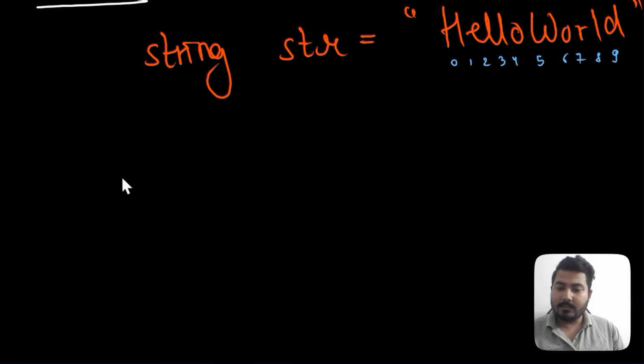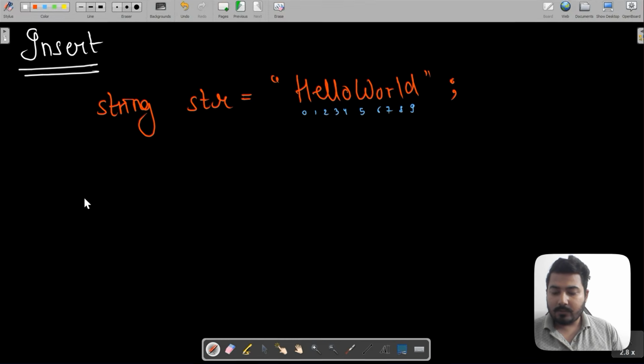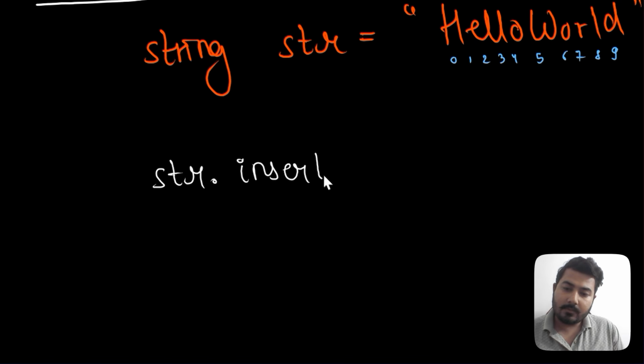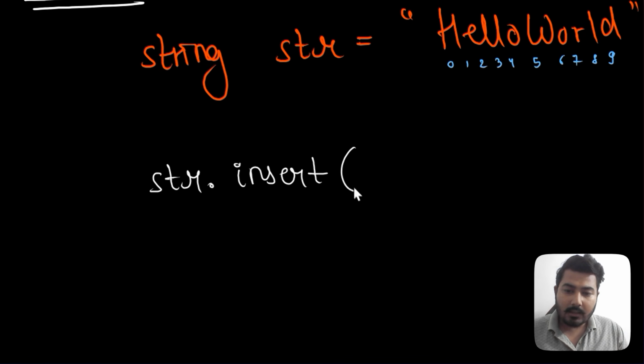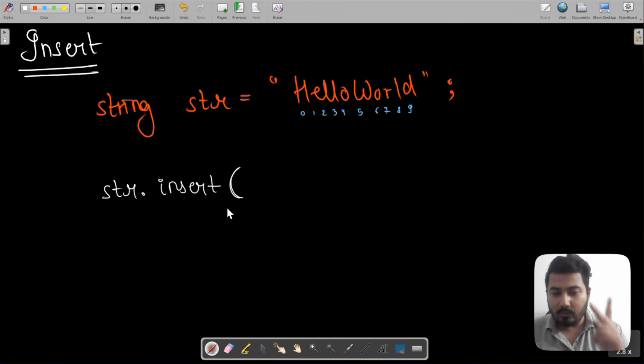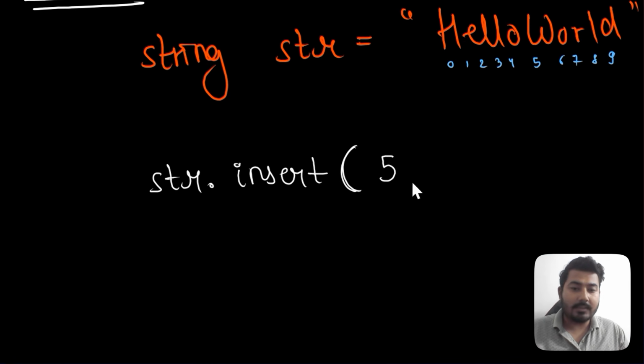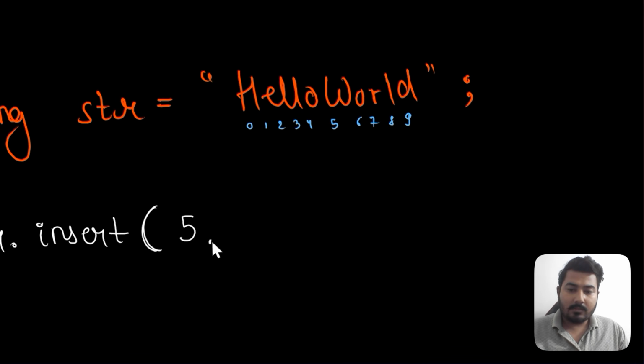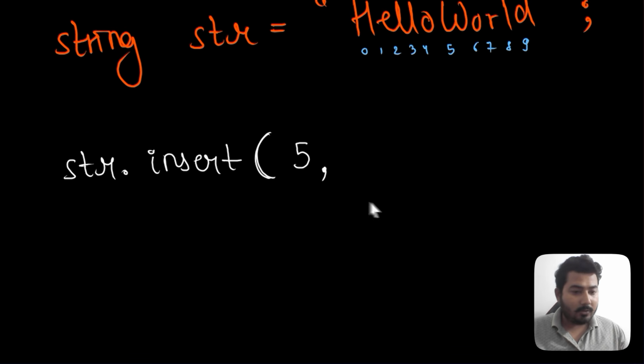What you can do here is use the str dot insert method. Inside the parentheses you can use two parameters. One is going to be the index. Let's suppose I want some character at index 5, comma, and what character do I want?